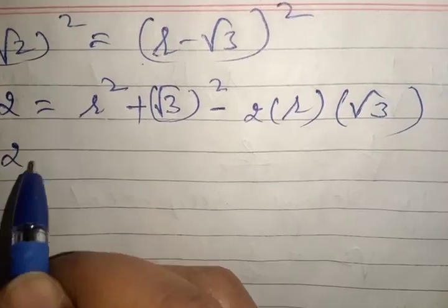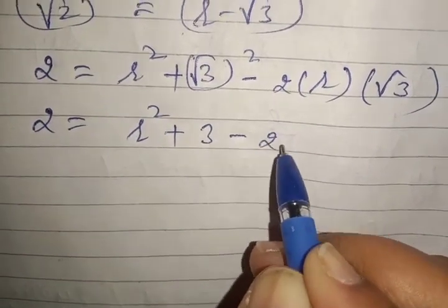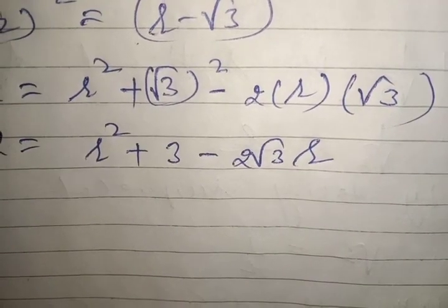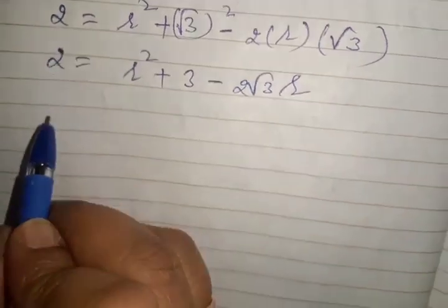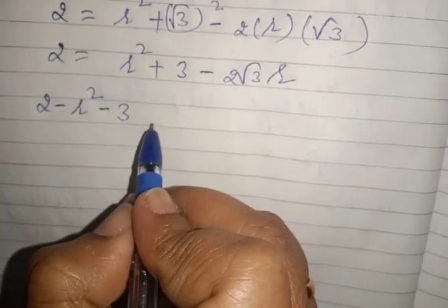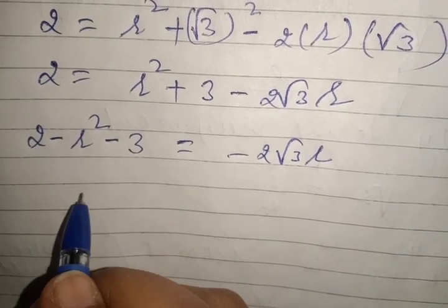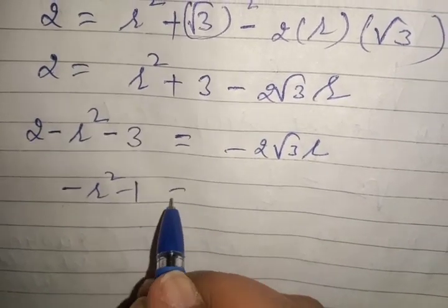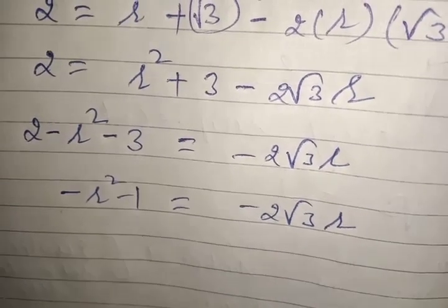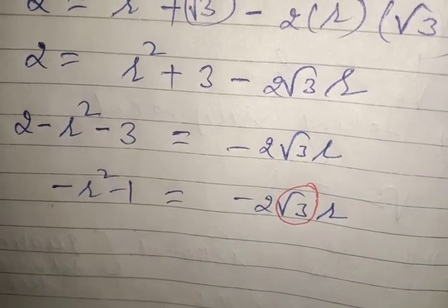So 2 equals R square plus 3 minus 2 root 3 R. Now we can shift all numbers which are rational to one side. So I am going to shift 2 and R square and 3, and we get minus R square minus 1 equals minus 2 root 3 R. I need only root 3 here, and all the rest of the terms I need to shift to the other side.